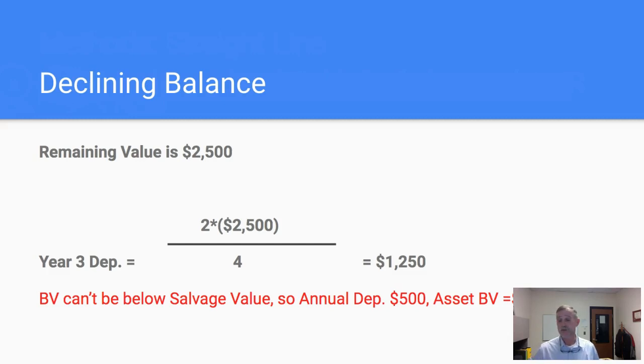So here's a little homework for you that I won't test you on. Well, I'll test you on the concepts, but actually for the useful life of this asset, is using a double declining balance method the best method if you're going to have a useful life of 4 years?